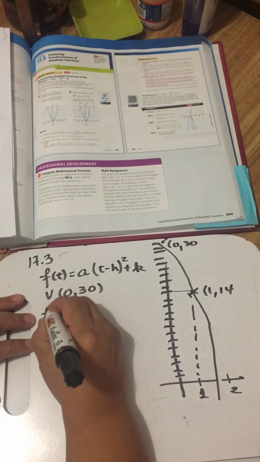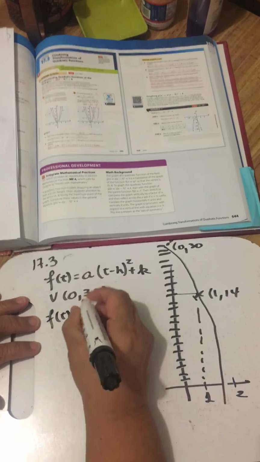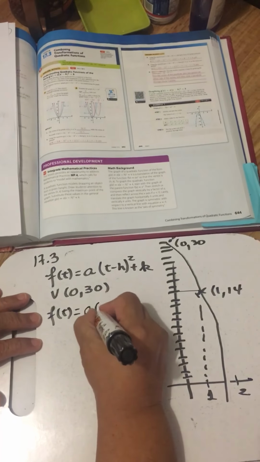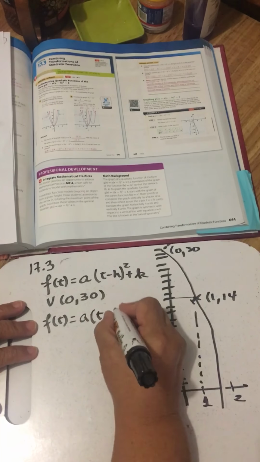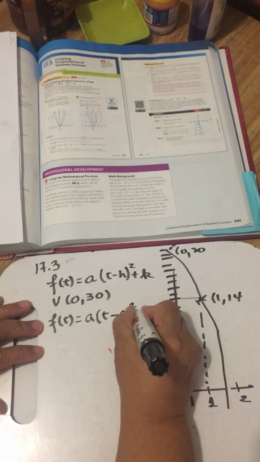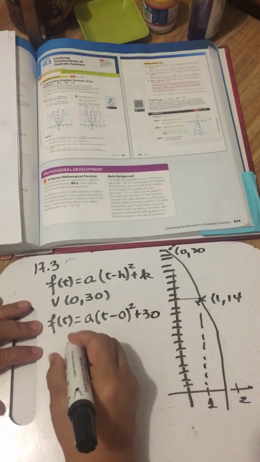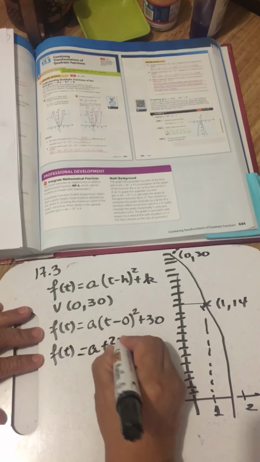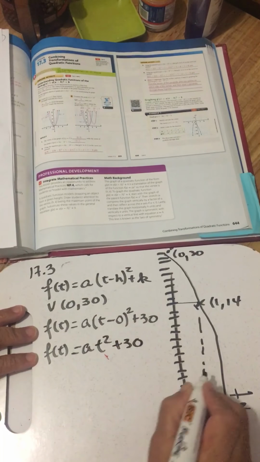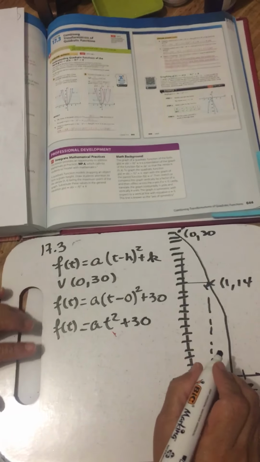We obtain f of t is equal to a, I don't know the value of a, t minus h, which is 0, squared plus 30. And we obtain f(t) equal a t squared plus 30.